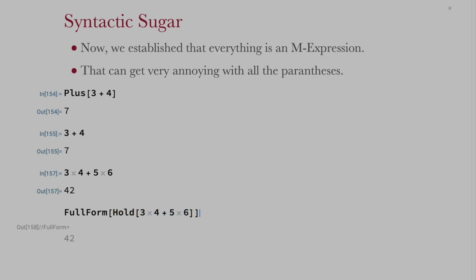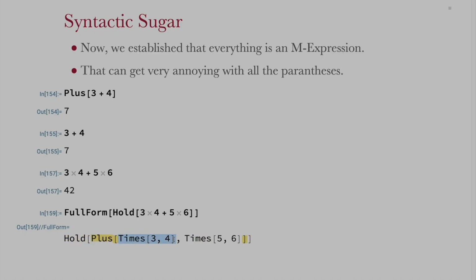So now I can apply this to FullForm. And when I do that, I see what 3 times 4 plus 5 times 6 in syntactic sugar form is equivalent to in real M expression form. I see this is equivalent to Plus, and inside the Plus there are 2 arguments.